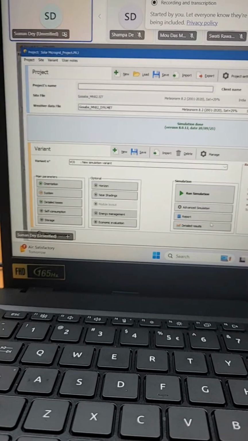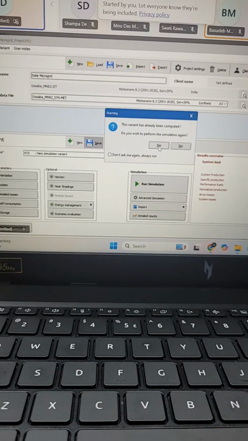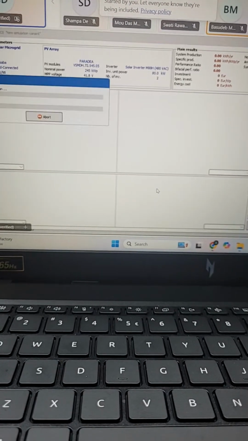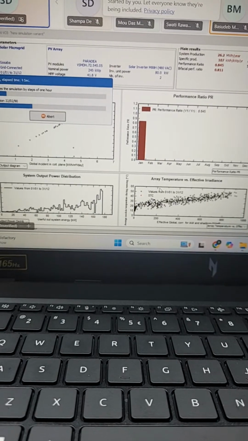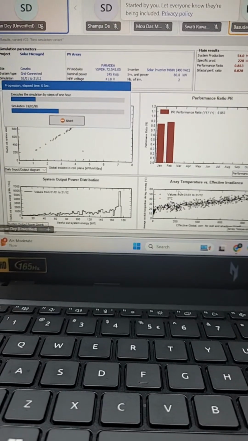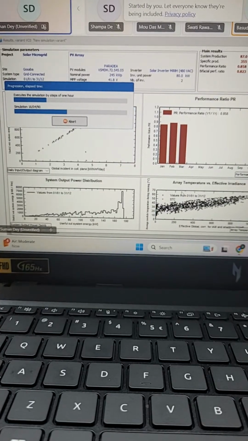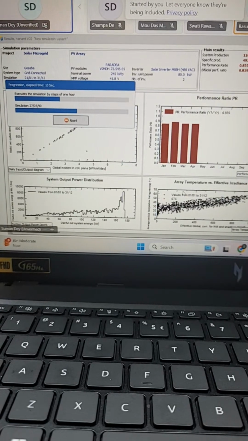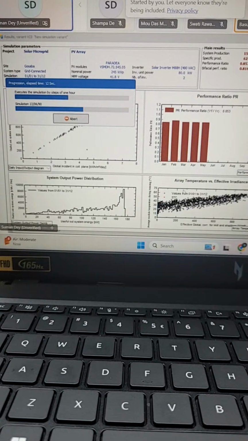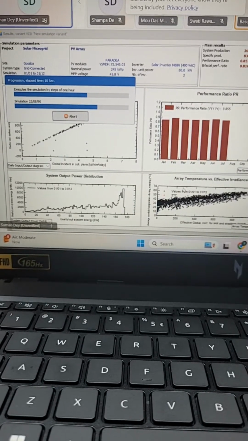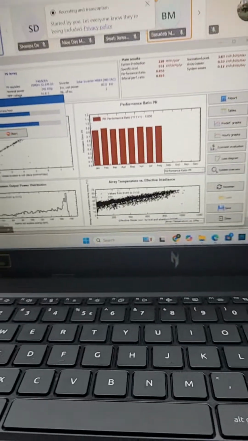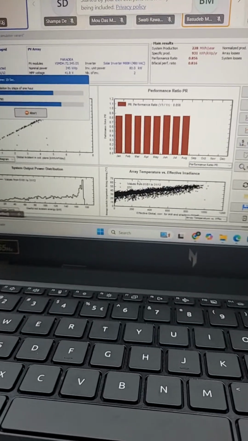Once it is done, then we do the simulation in the software. This will take a few minutes to estimate how much energy is possible. So once we do that, from the 245 kilowatt peak DC plant, or I will say the 160 kilowatt AC plant defined by inverter capacity, it is generating how much energy.